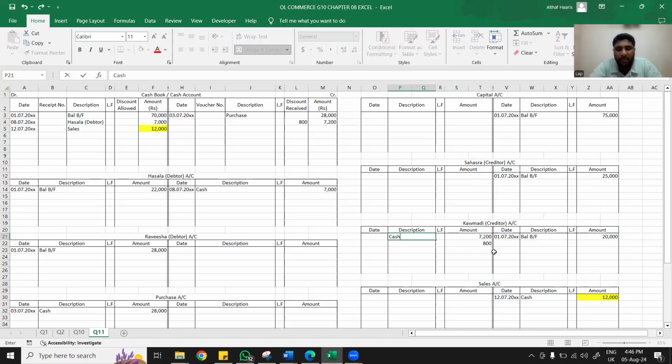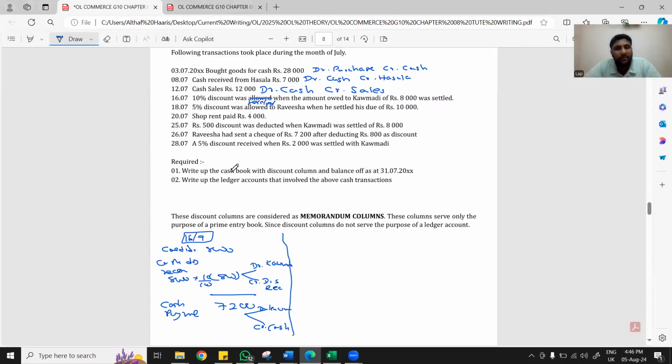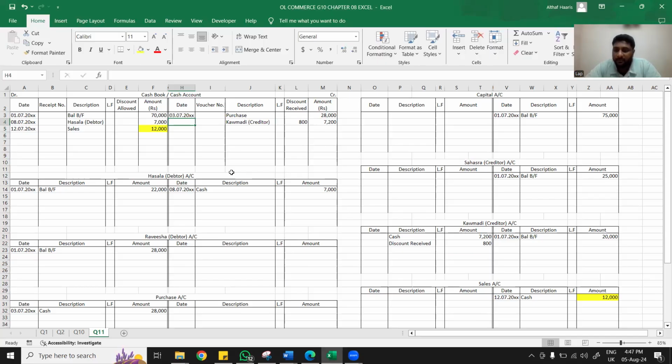Here you can write cash and discount received. Here you can write Kaumadi creditor. What is the date? 16/7.